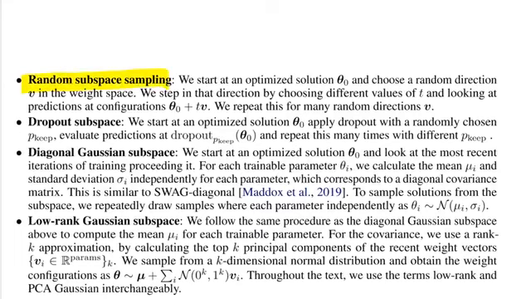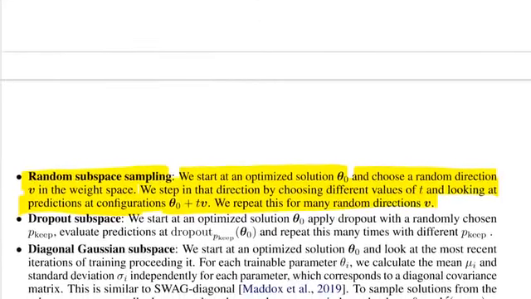What does it mean? We start at an optimized solution. So you train a network, one single network, and then we choose a random direction v in weight space. We step in that direction by choosing different values of t, looking at the predictions at configurations theta 0 plus tv. We repeat this for many different v, but always the same theta 0.